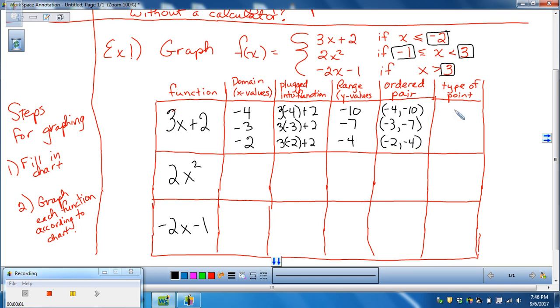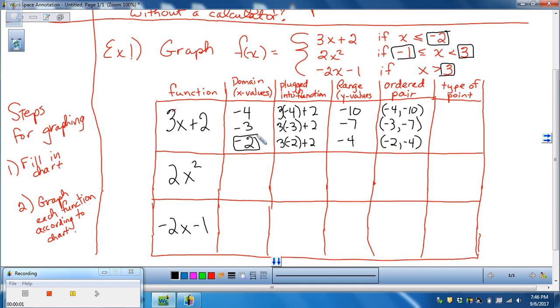The next thing I'm going to do is come over here and decide what kind of point it is. Where I'm going to start is with this value right here. This was one of my critical points because it's listed. It's a number that I see in the domain.